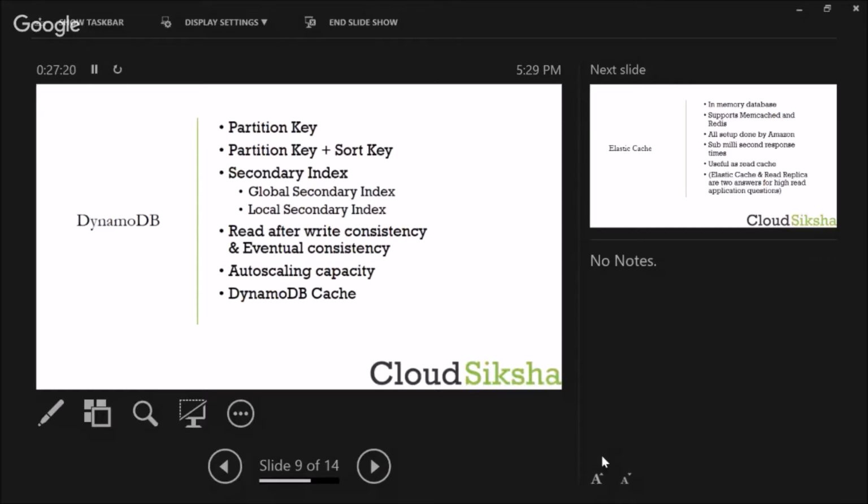Now, DynamoDB also supports what is known as a secondary index. Whenever you retrieve data from a DynamoDB table, you have to get them using the partition key or the partition and sort key. But assume that you need something else sometimes to get your data.